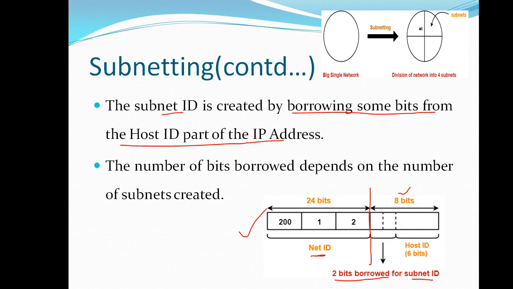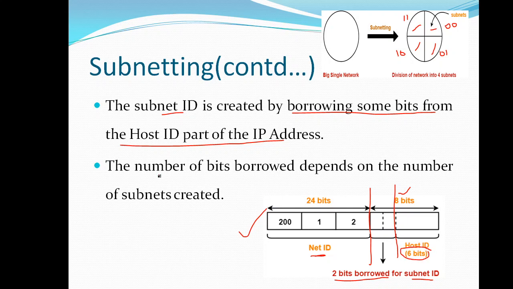To identify these subnets uniquely, as we have 4 subnets, we require 2 bits: 00 for one subnet, 01 for another, 10 for another, and 11 for the last. So we borrow 2 bits from the host ID part, and the remaining bits available in the host ID are 6 bits only.